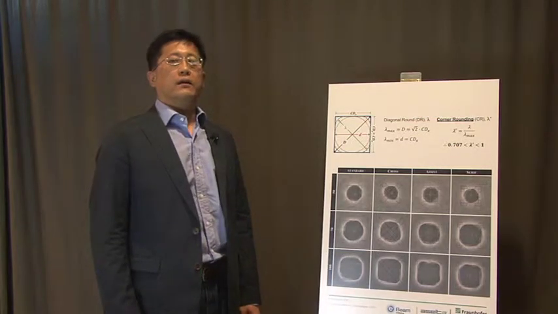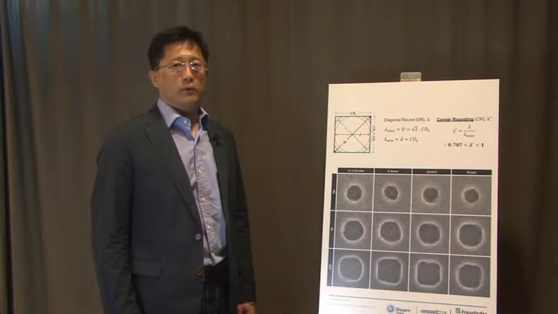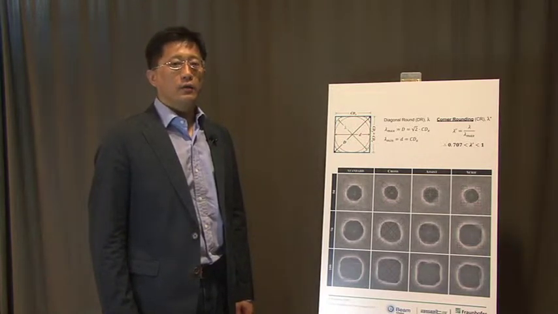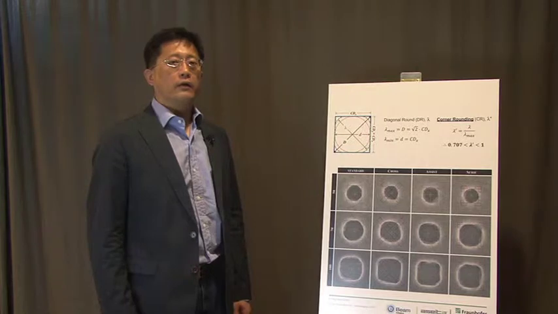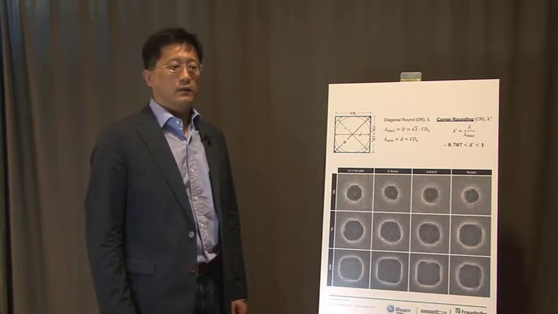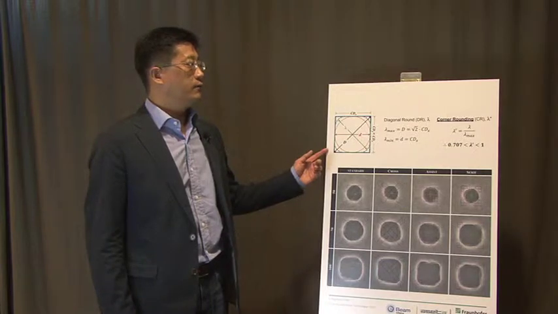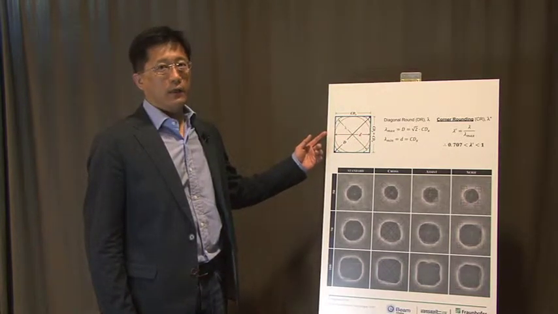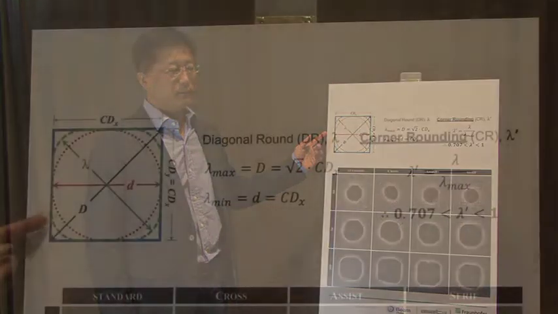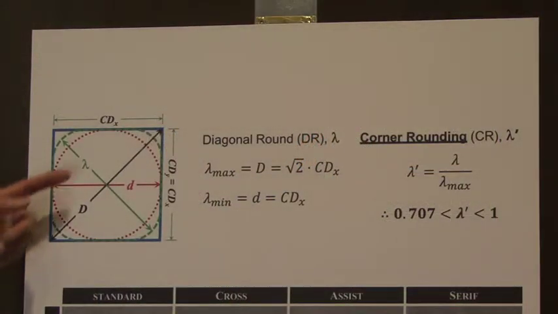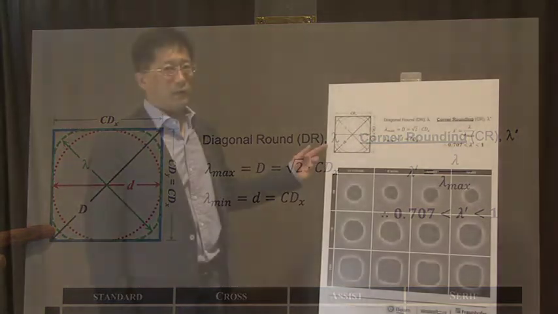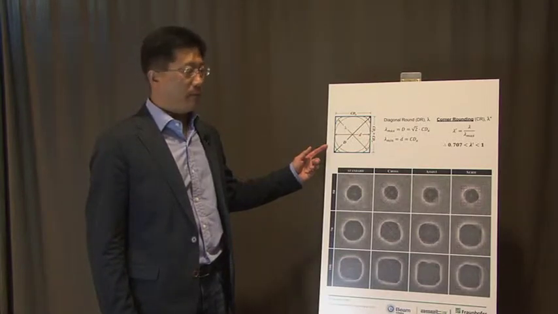Before we start the analysis and the proposal of the corner rounding correction method, we have to define the corner rounding itself. As you can see in the figures, the corner rounding can be defined as a ratio between the diagonal round and the maximum diagonals. The maximum diagonal round is defined as the diagonal critical dimensions of the design contact hole, which is a square.